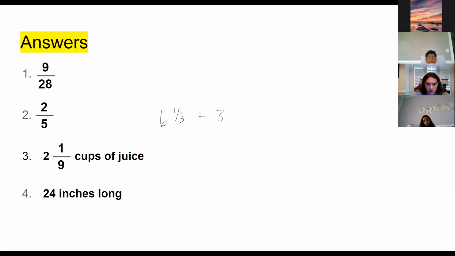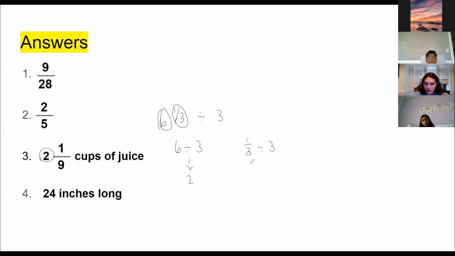So we're dividing the 6 and 1/3. So we can put it as 6 divided by 3 and 1/3 divided by 3. Now 6 divided by 3 is 2. So we've got half of our answer right here.